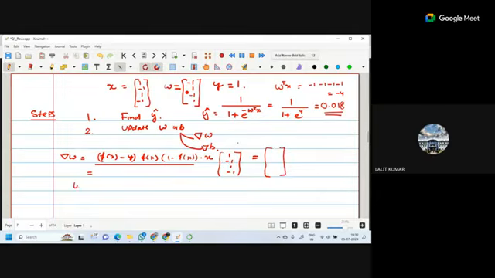And now new w will become w minus eta into this delta w. Eta has been given as 20. You multiply this, so you will get new w. Let's call it w dash. Similarly, we will get delta b, which will be fx minus y, into fx, into 1 minus fx.